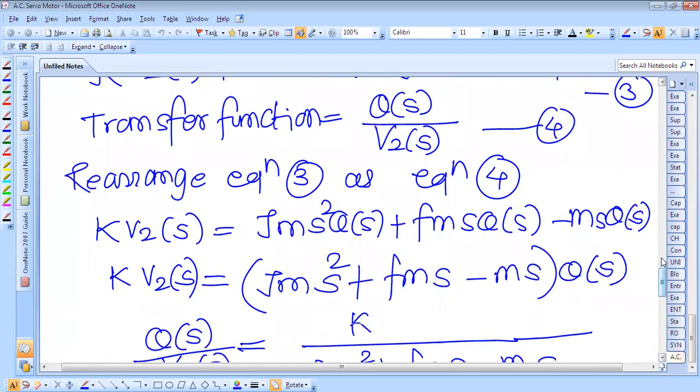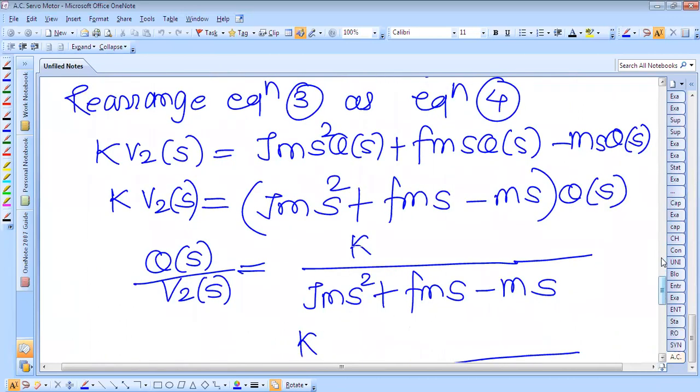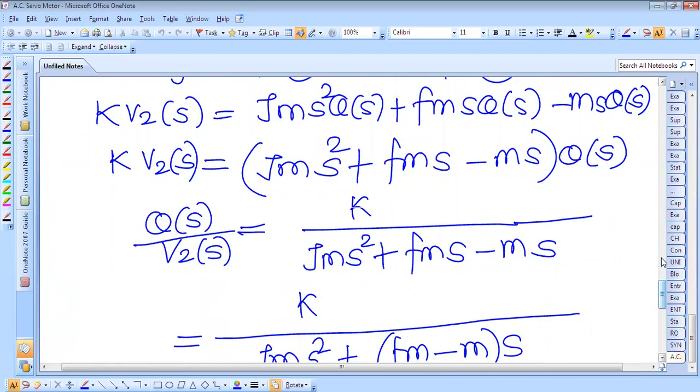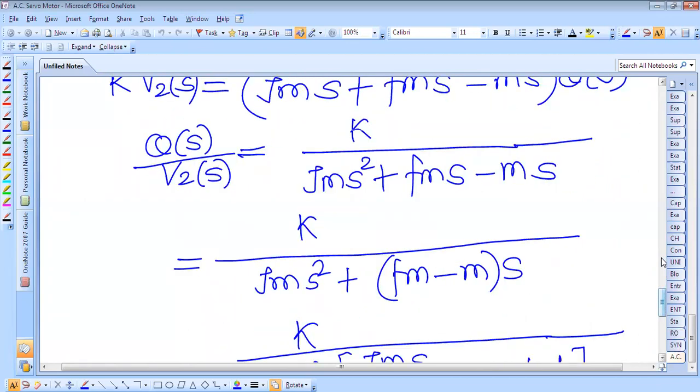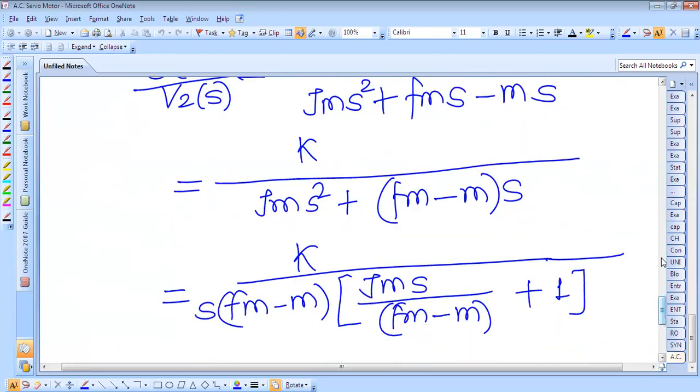Rearranging equation number 3, taking V2 on one side and theta on the other, we can write theta of s by V2 of s is equal to K over Jm s square plus Fm s minus M s. Here we can take s outside, so the second term in the denominator will be Fm minus M into s, and now we take Fm minus M outside the bracket.